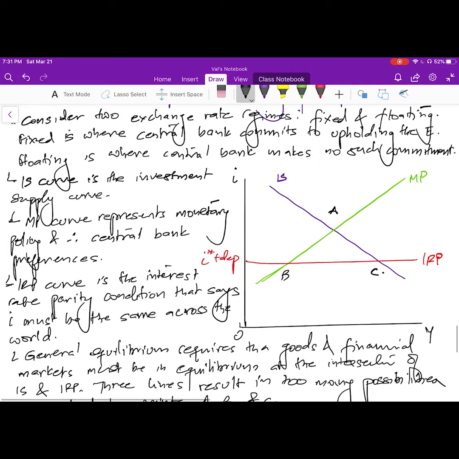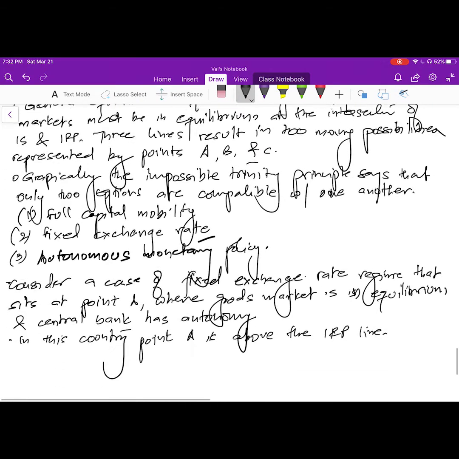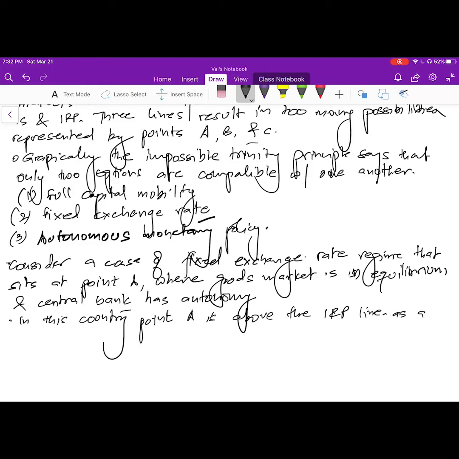Well, if you move along from point A to the y-axis, you'll see that the interest rate is higher than the interest rate prescribed by the interest rate parity condition. As a result, the prevailing interest rate at point A is greater than I star plus depreciation, which is the equilibrium interest rate for the interest rate parity condition, right?